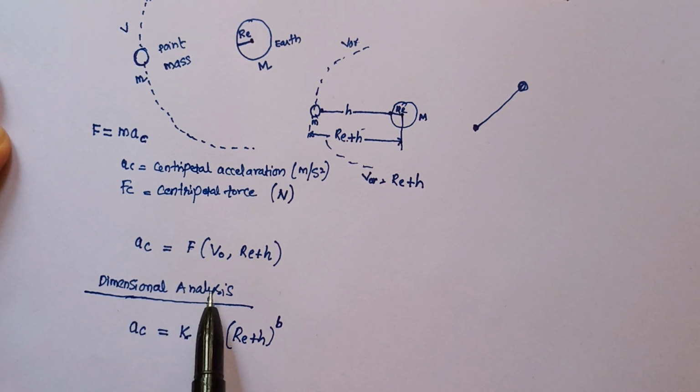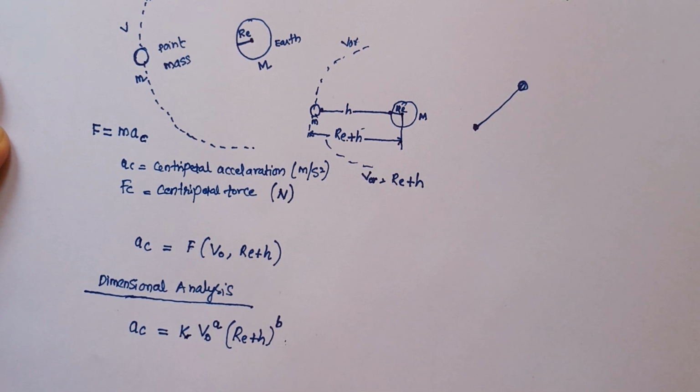Whenever we do dimensional analysis, we introduce a constant term and some exponents raised to the power of the physical quantities, arbitrary constants a, b, and if you have multiple parameters, it will keep going with c, d. So here we have two parameters, V_or to the power of a, Re plus h to the power of b.